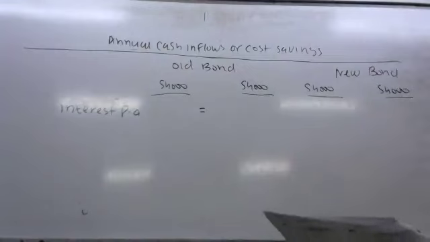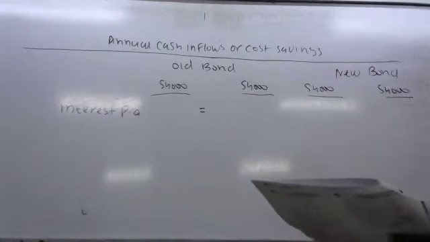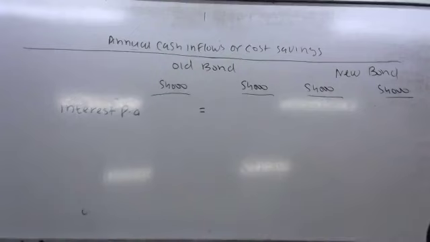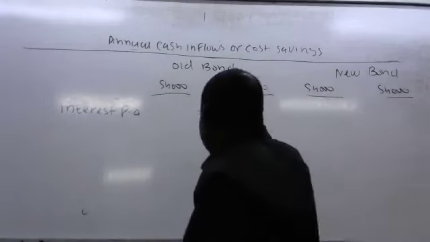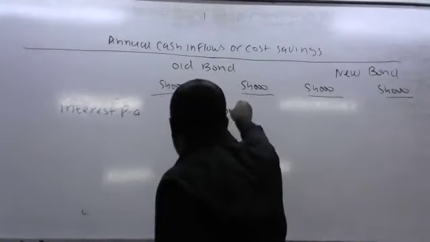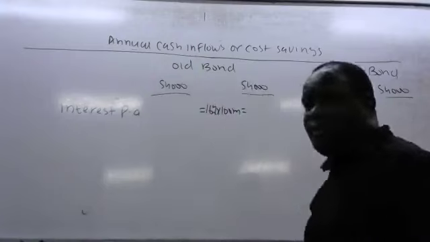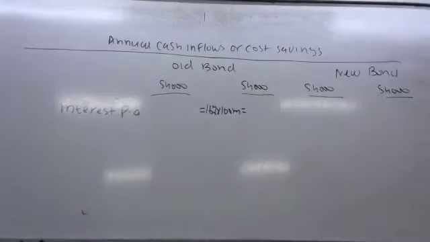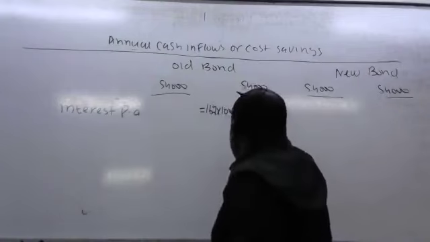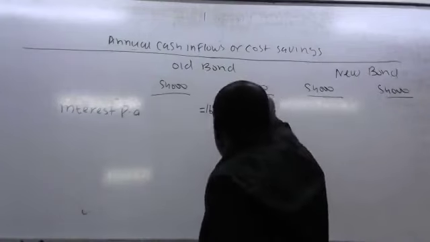So in the first paragraph, it was 16%, of the 100 millions. So that interest will be 16% of the 100 millions.